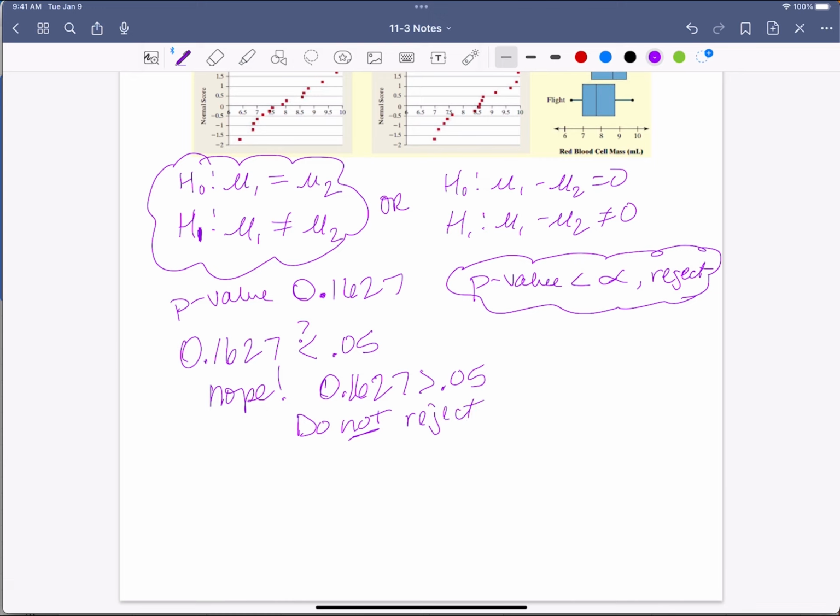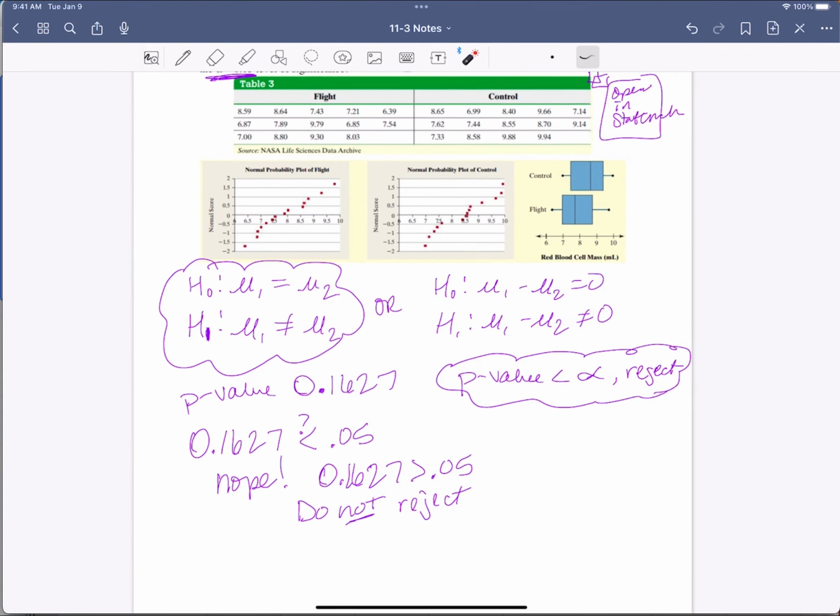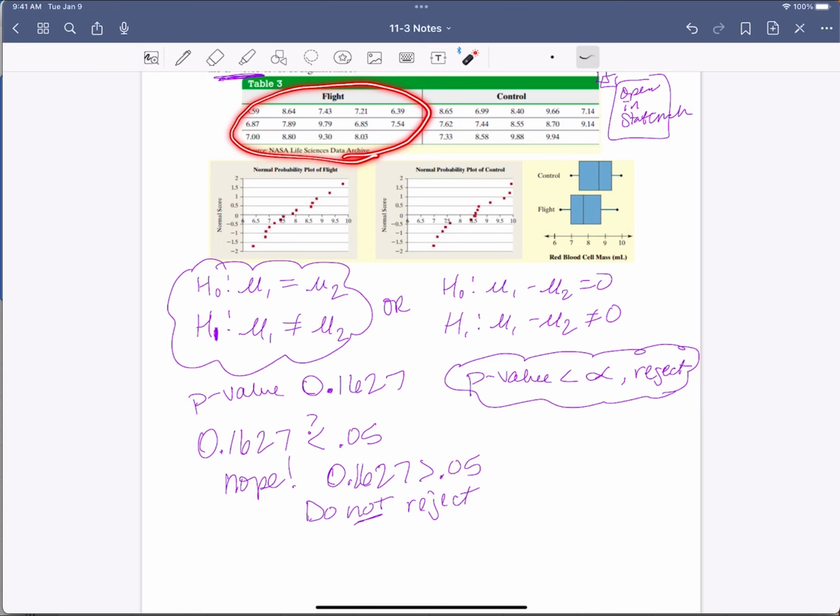So what this is telling us is, regardless of if my rats were in space or if they were in the lab, is there a difference between the red blood cell masses? No. I'm pausing for effect. Do you see what just happened there?